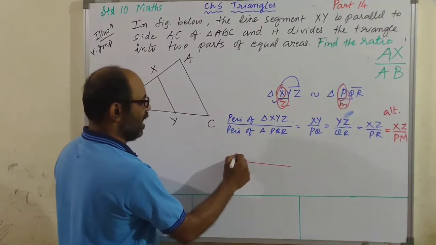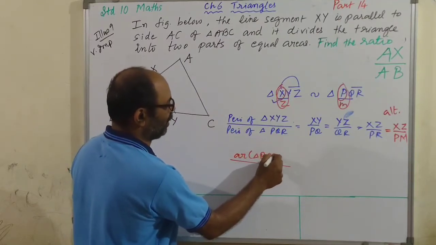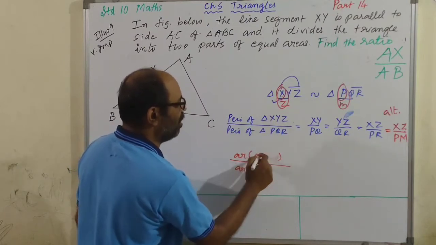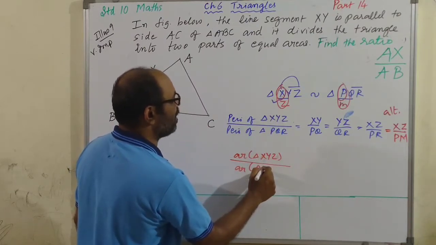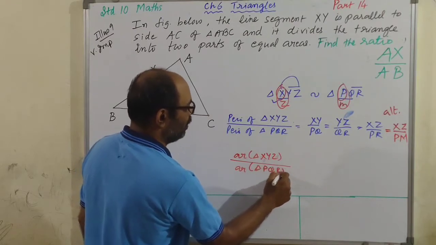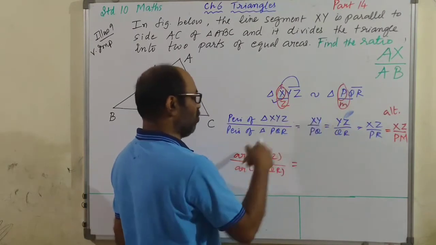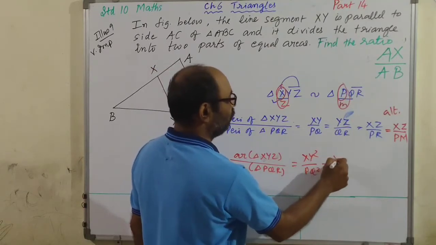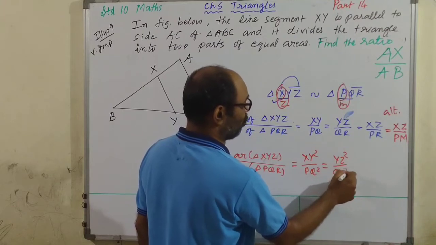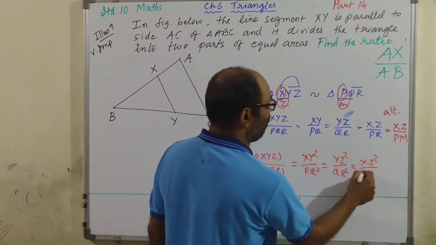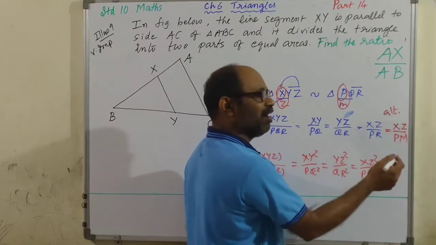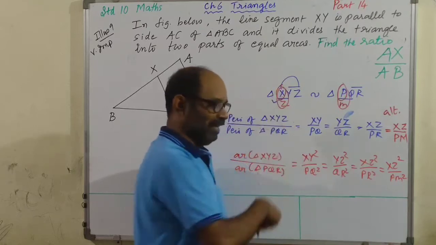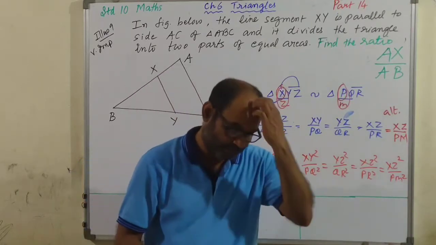And now, area of triangle XYZ upon area of triangle PQR is equal to the ratio of squares: XY square upon PQ square, YZ square upon QR square, XZ square upon PR square. So this will also be square of altitudes, XZ square upon PM square. So please remember this result.